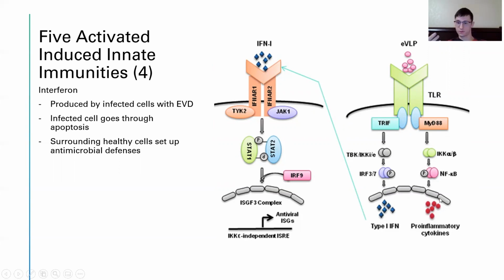It's going to bring over certain macrophages, white blood cells, and the like, right? And then you have type 1 interferon that's going to come around, cause apoptosis in this, and then it's going to go to healthy cells, and antiviral responses are going to take place inside the cell and outside the cell.